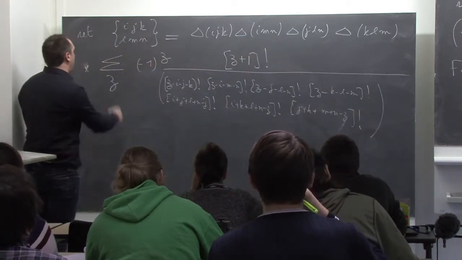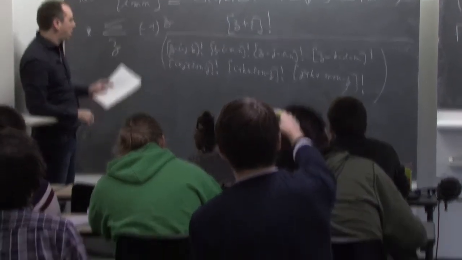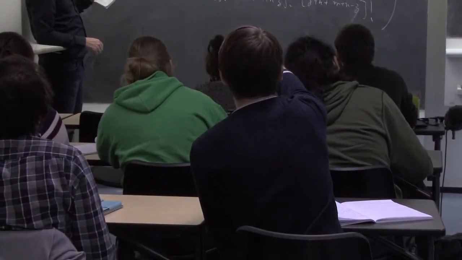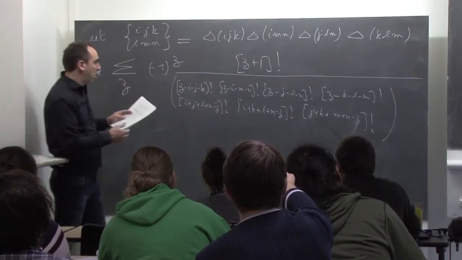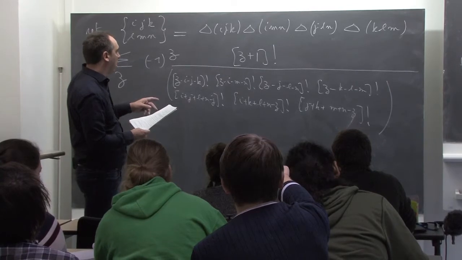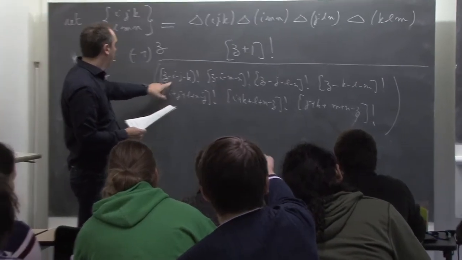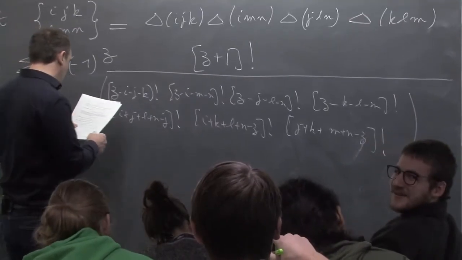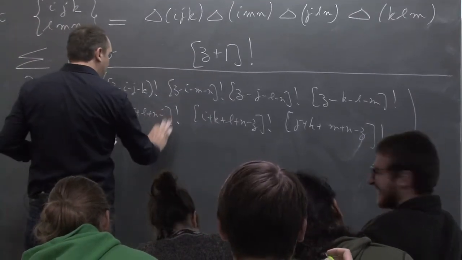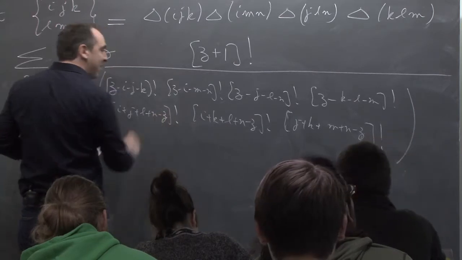Sorry, first, the first term at the bottom. So it's written i plus j plus l plus n minus something. It's not minus j, yes. Okay, thank you.